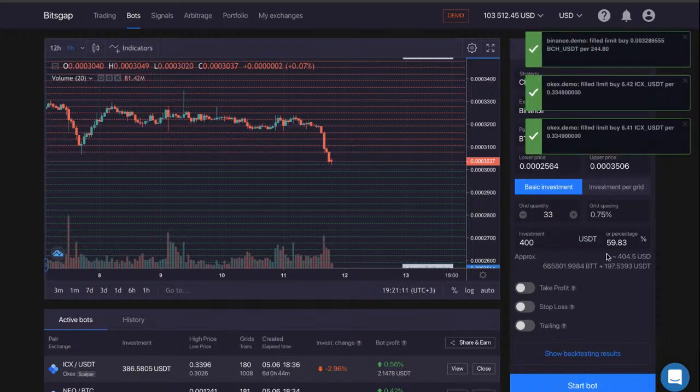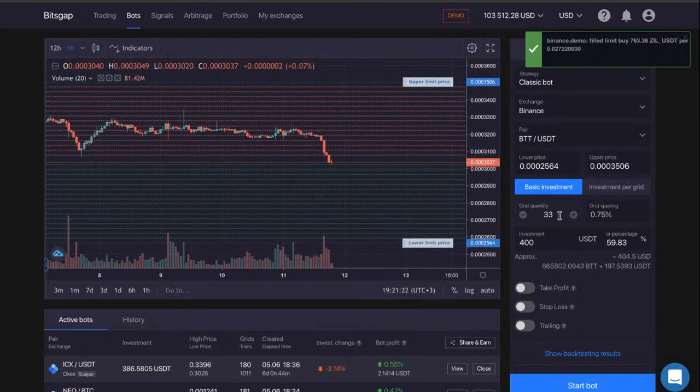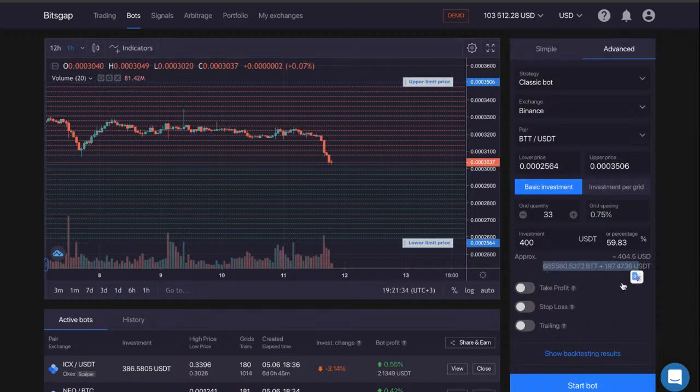The investment allocation is specified, and you see that in order to initiate this bot with 33 grid levels, you must have that amount of BTT, which will be allocated to all of these sell limit orders. All right. And 197 USDT will be allocated to these buy limit orders, because otherwise you won't be able to launch this bot.